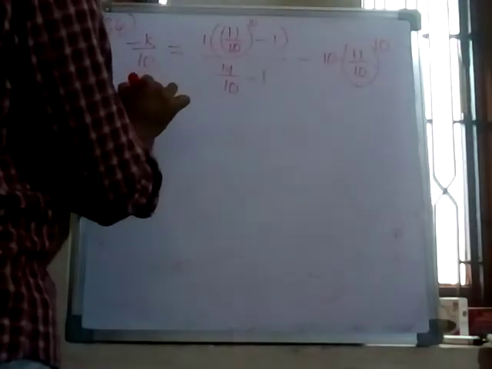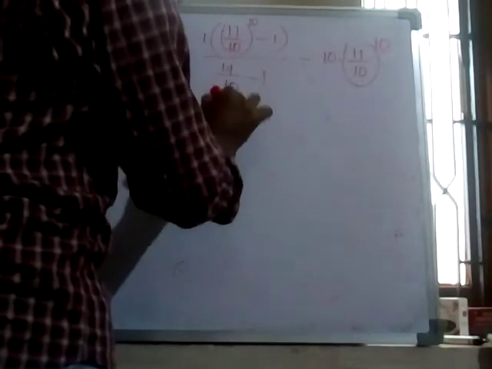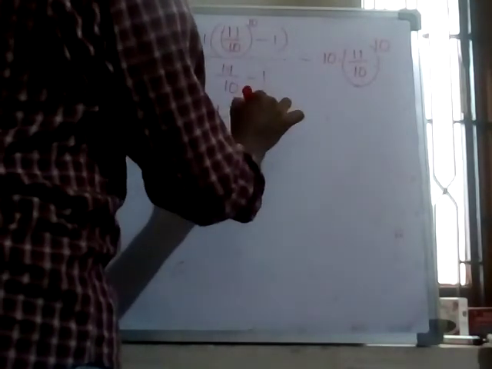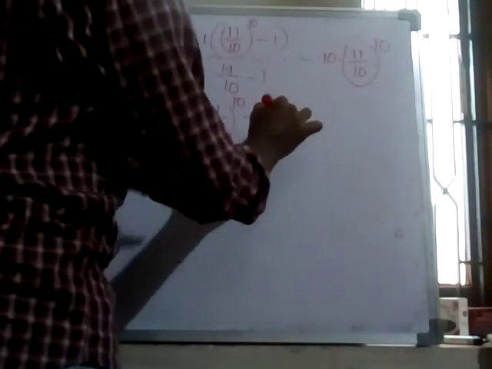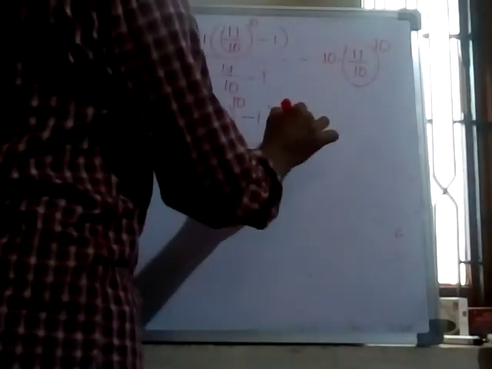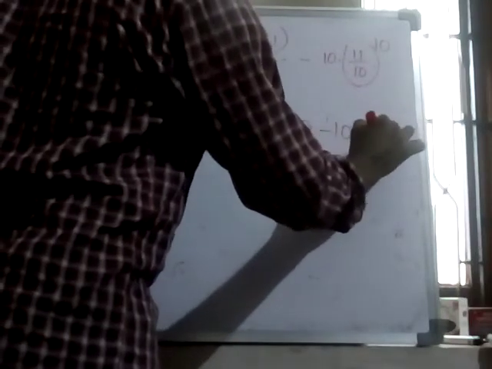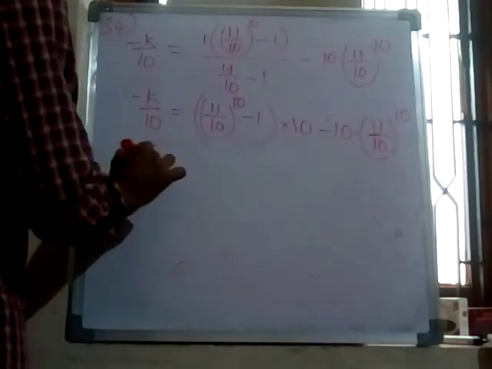So minus k by 10 is equal to (11 by 10) whole to the power of 10 minus 1, into, here how much? 1 by 10, take the reciprocal, 10 only. Minus 10 into (11 by 10) whole to the power of 10.